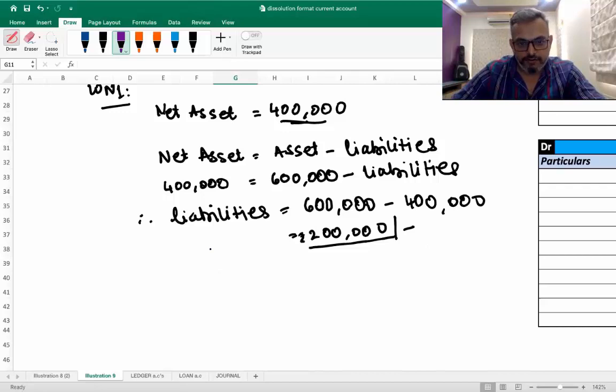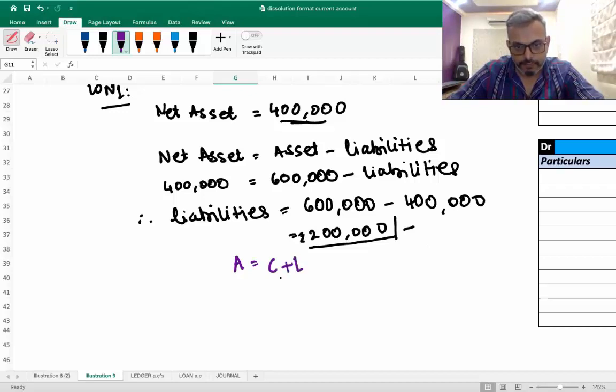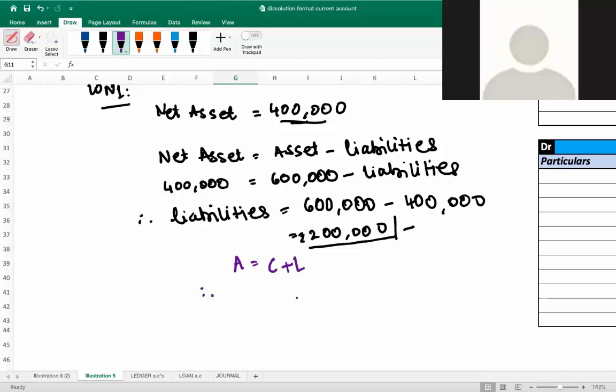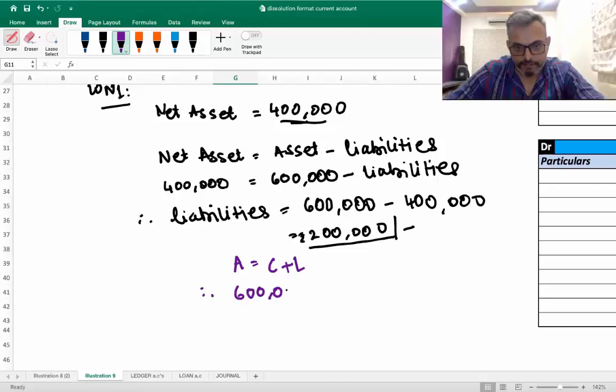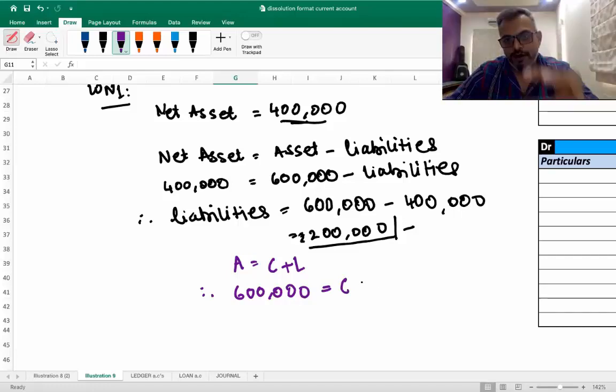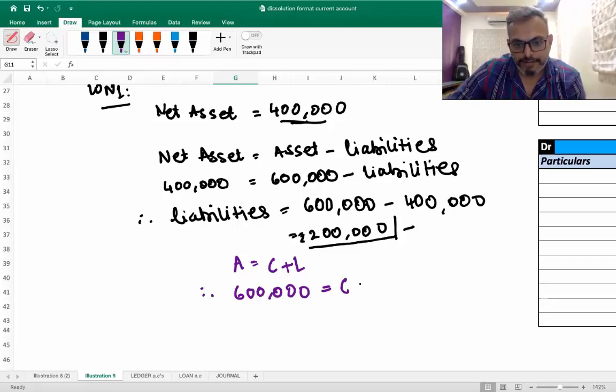So what is the balance sheet equation? A is equal to C plus L. Therefore, assets are 6 lakh. Capital includes reserve because capital is the owners' and reserves also belong to the owners. So capital plus liability 2 lakh.